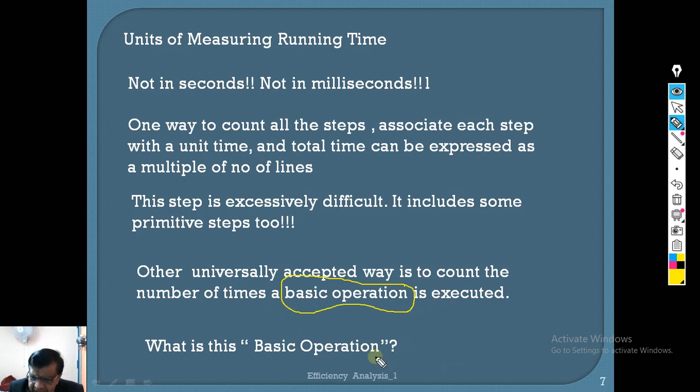It is in this basic operation that the entire logic of the problem solving lies. Therefore, it is very important. Usually, basic operations get repeated iteratively. We define the basic operation as the operation which would consume most of the algorithm time.